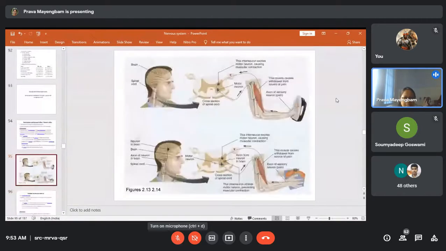Nociceptive reflex is this kind of reflex: say when you touch a hot object, then your flexor group of muscles, you understand flexor and extensor groups of muscles? Yes or no? Do you understand the flexor group of muscles and the extensor group of muscles?